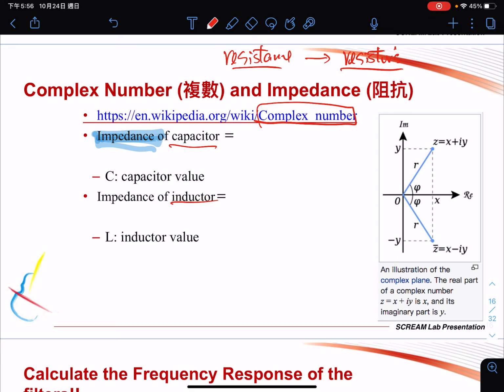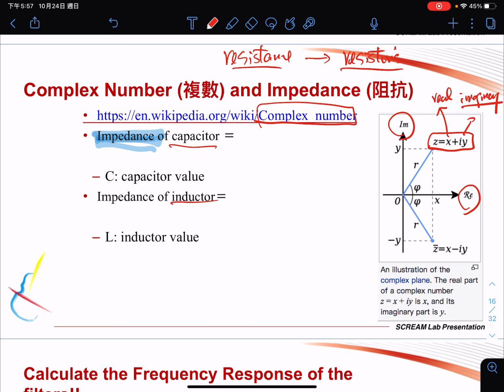The complex number is that we represent a number in a two-dimensional way: one is the real part, the other is the imaginary part. So a number z contains two parts. The x is the real part, and y we call the imaginary part.